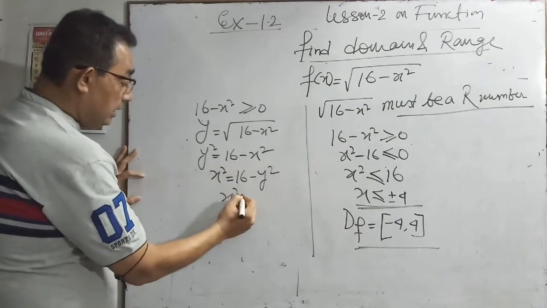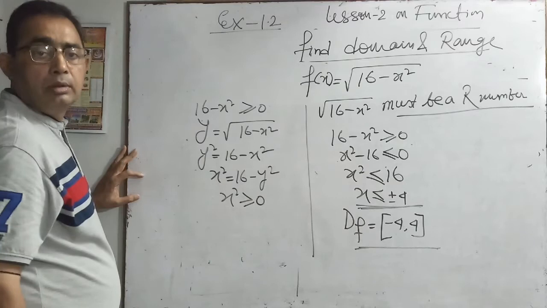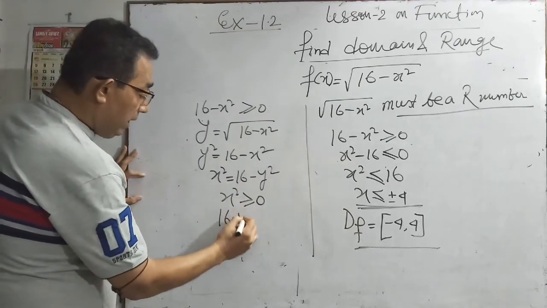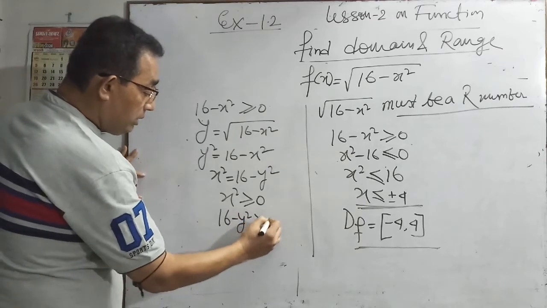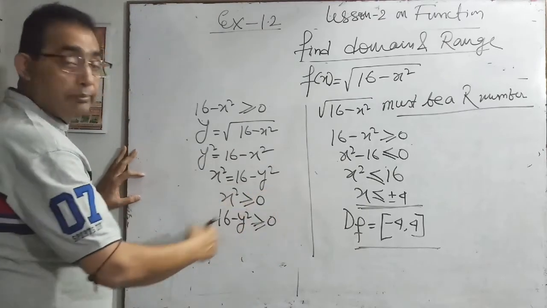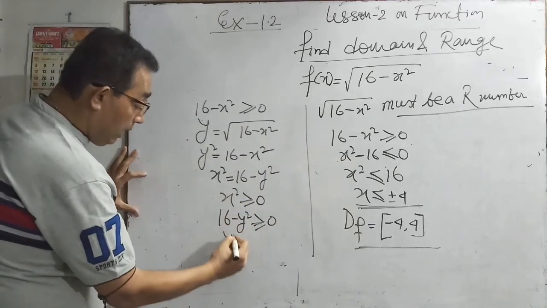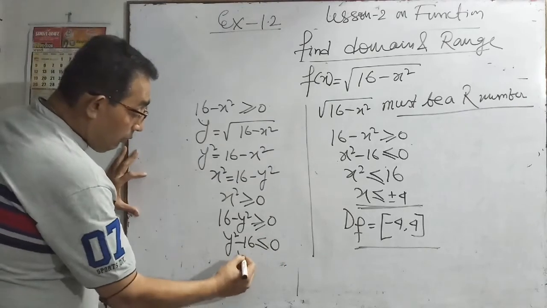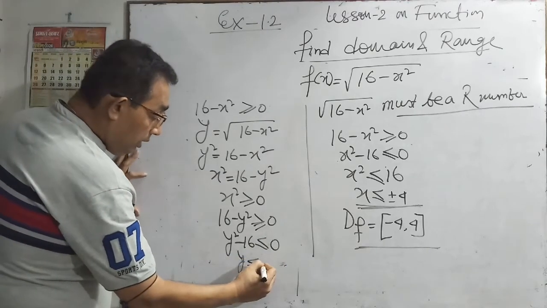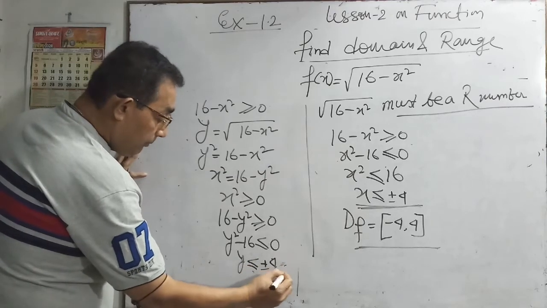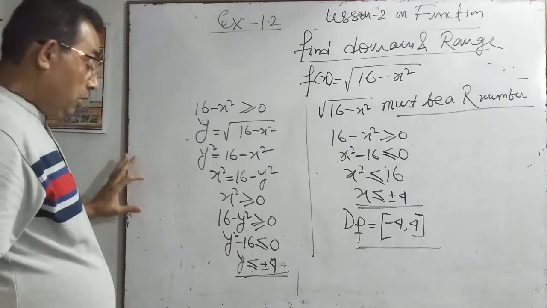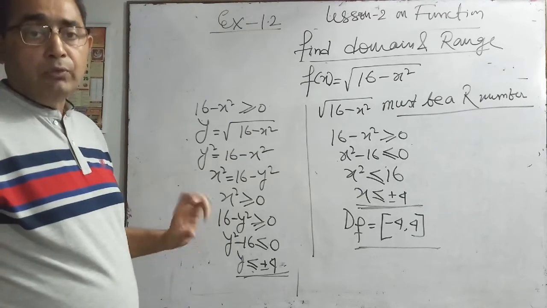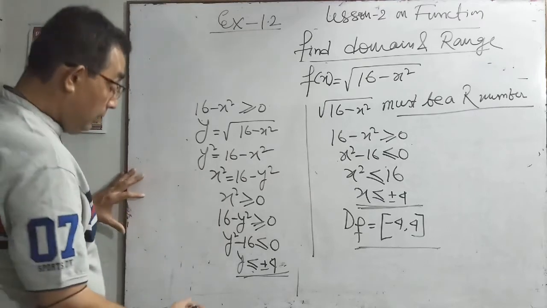X square is greater than or equal to 0, since a square root is always greater than or equal to 0. So 16 minus y square is greater than or equal to 0. Multiply by a minus sign on both sides: y square minus 16 is less than or equal to 0. Now y is between plus and minus 4. But the value of y is always greater than or equal to 0.